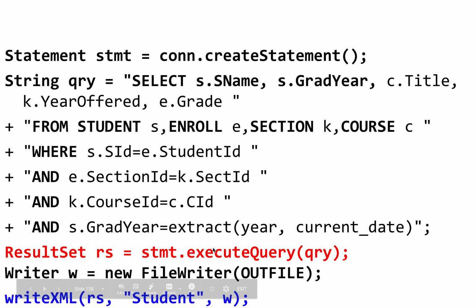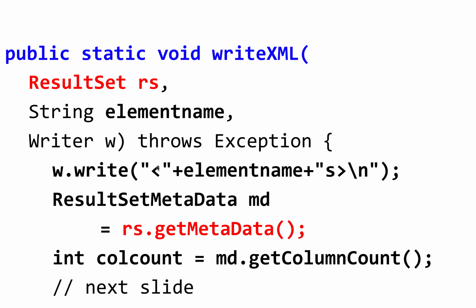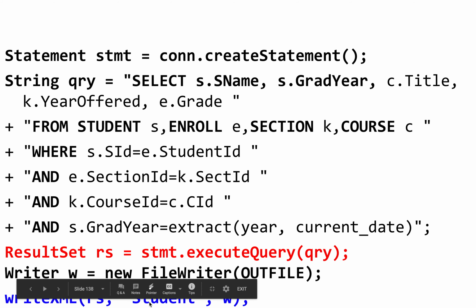We're going to pass it to a generic function that's going to write to XML. We're going to pass it the result set, so it's going to iterate over the result set and generate XML. This XML writer is going to literally write to the file the element name as it iterates, where the element name is whatever you pass in as an argument, student.